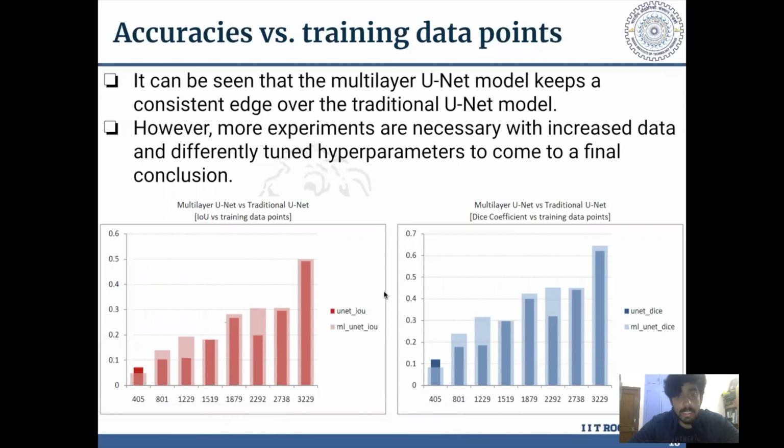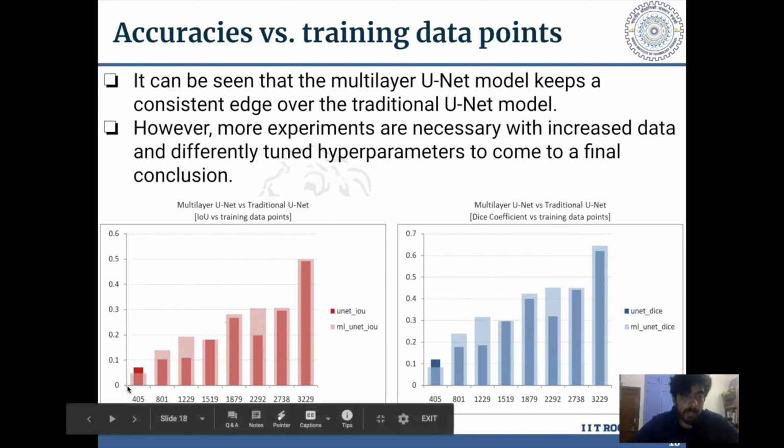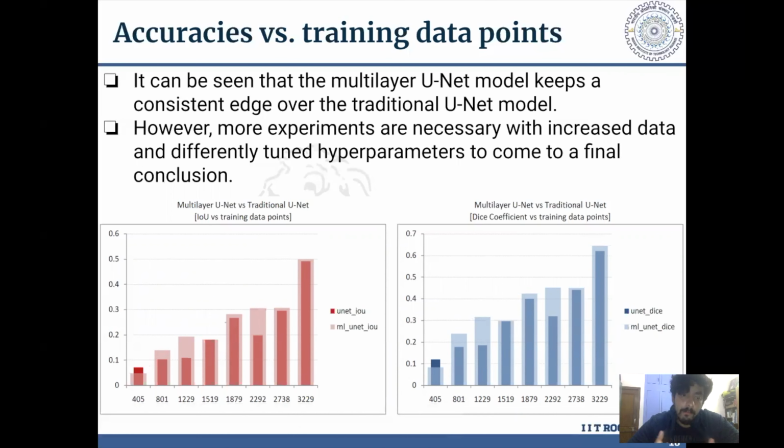As you can see, apart from the first experiment, which consisted of just 405 data points, which is not very significant, in every other experiment multi-layer unit architecture has a more or less significant edge over the unit architecture, which tells us that multi-layer unit architecture actually performs better than unit architecture when the number of training data points is significant.